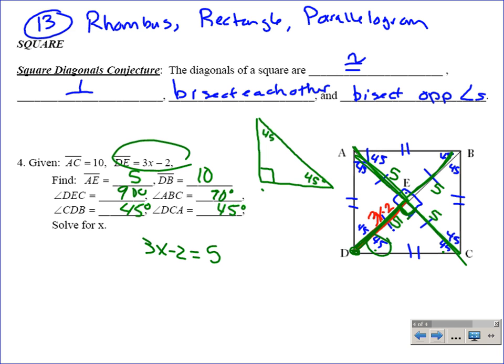Ty Richardson, what do I do? You add 2 to each side. Okay. What does that give us?